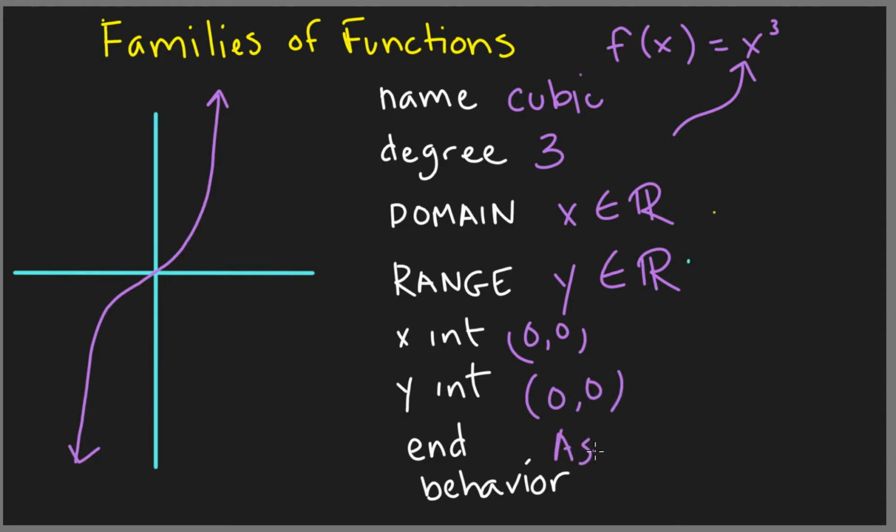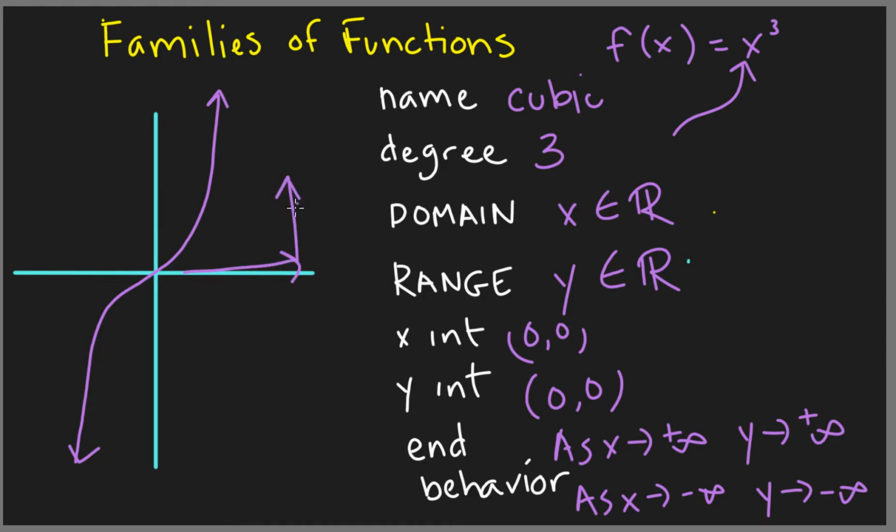End behavior, as x approaches positive infinity, y is going to approach positive infinity. As x approaches negative infinity, y approaches negative infinity. Again, going out on the x, you can see that the y is going up. As we go towards negative infinity, my y is going down.